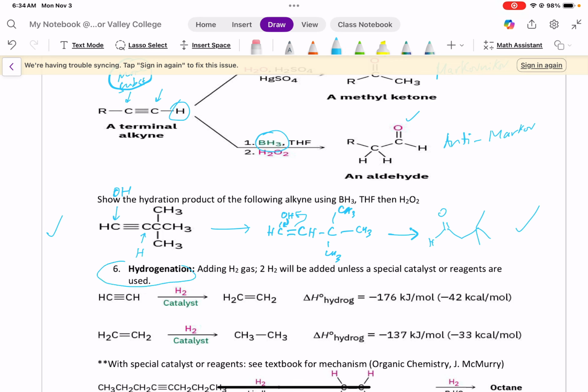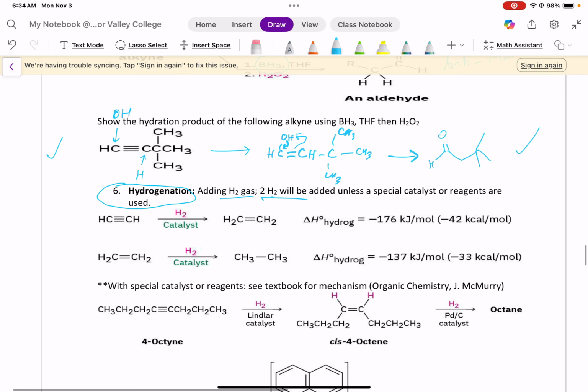Now, easy one. Hydrogenation, number 6. Adding hydrogens. If we don't have anything special, like a special catalyst to stop the addition, it will add 2 hydrogens, I mean, that's 4 hydrogen atoms, because both reactions are very spontaneous, negative delta H. Okay, so it's gonna go all the way to alkane, unless we have something special.